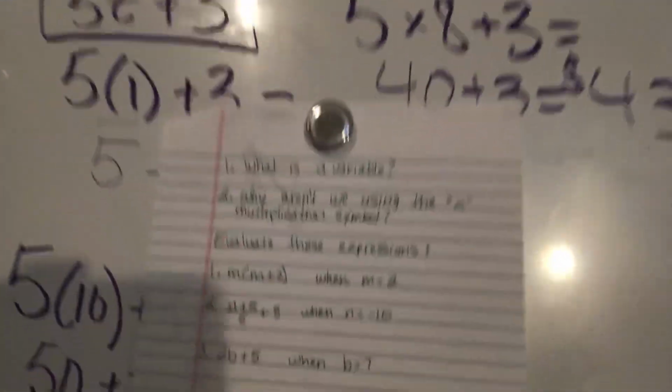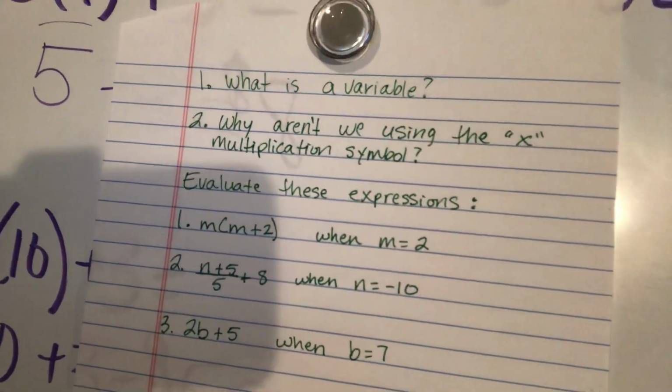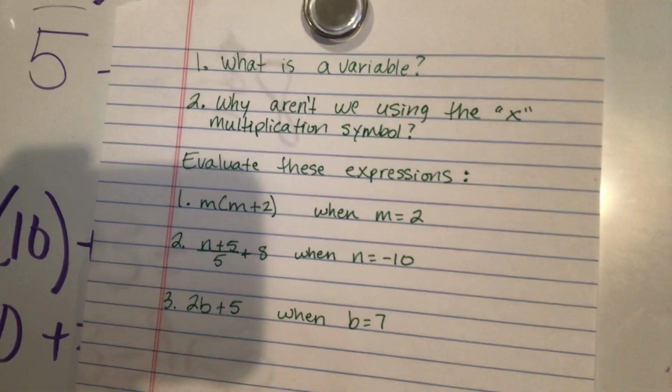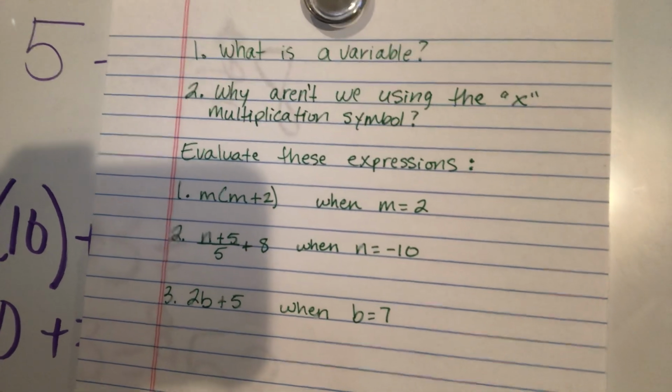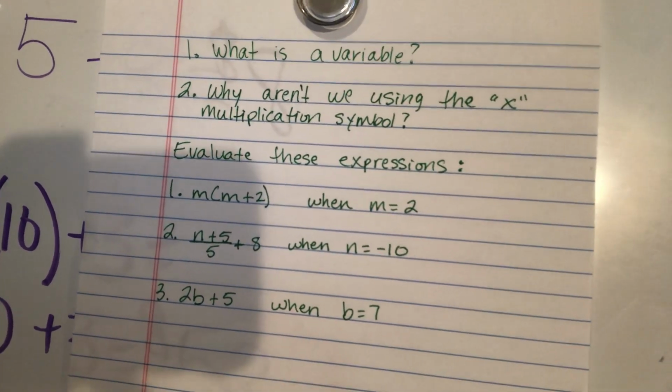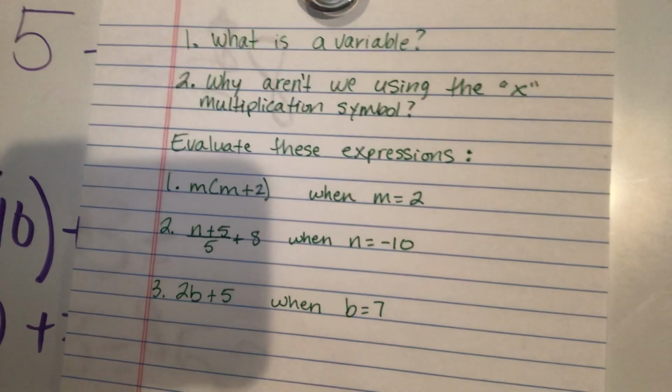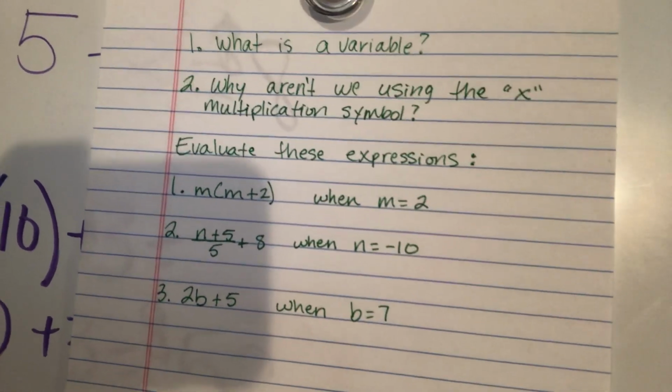So I'm gonna zoom in on your assignments, hopefully steadily so you can see. Okay, what is a variable? Why aren't we using the x multiplication symbol? Okay, and then evaluate these expressions. M times m plus 2 when m equals 2.